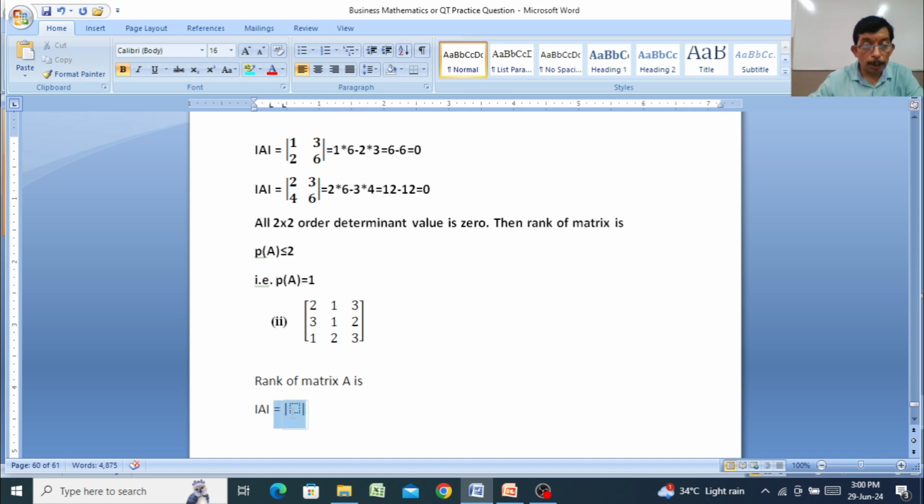Now we calculate the value of the determinant of 3 by 3 order.